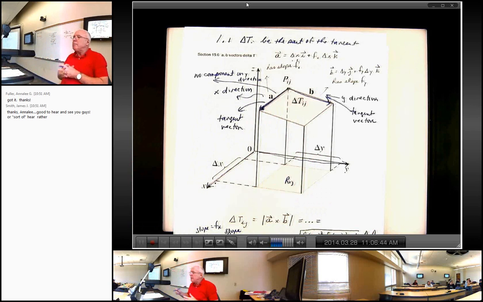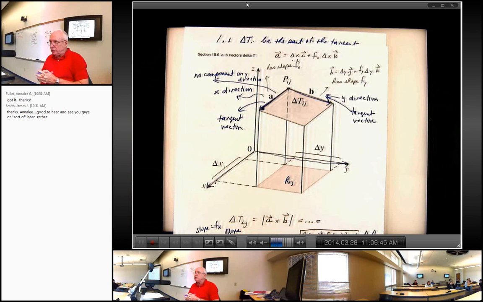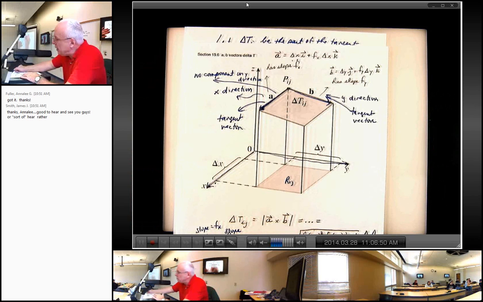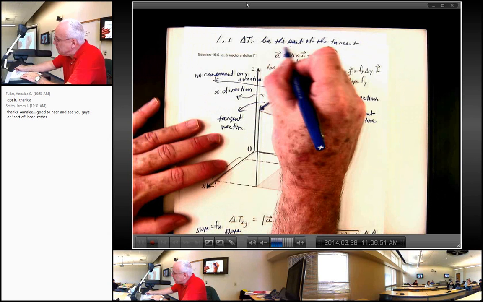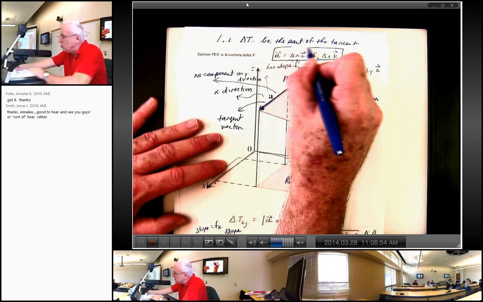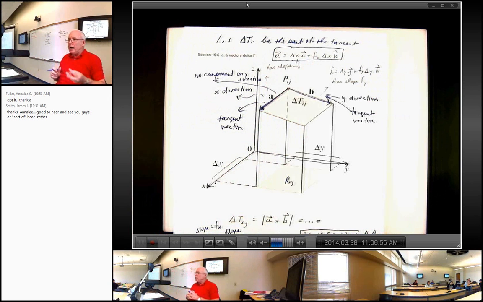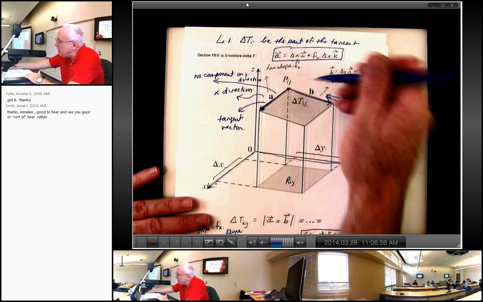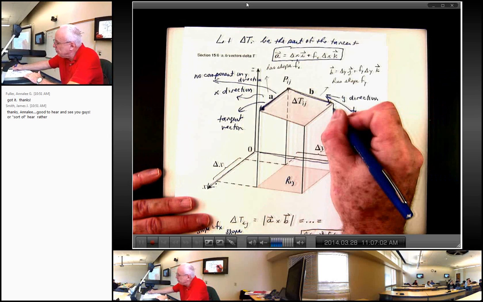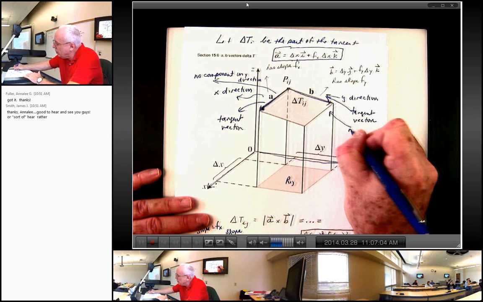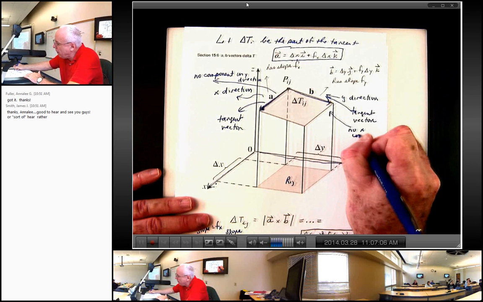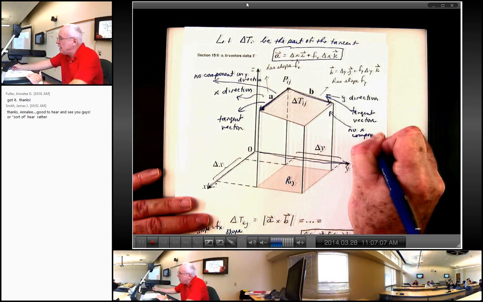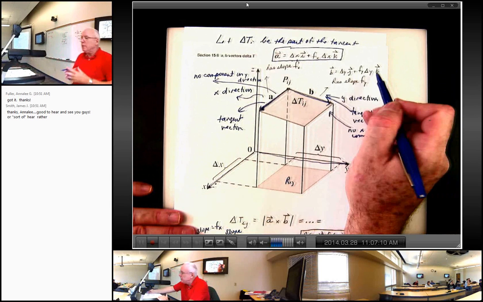So the vector A has an i component and a k component, and no j component. The B vector has no x component, so we have a j component and a k component.